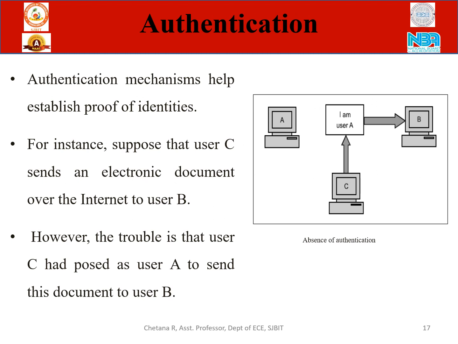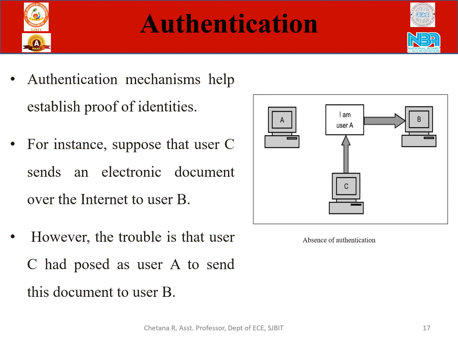Next we have authentication. Authentication mechanisms help to establish proof of identities. As I told you, A is here, B is here. A is trying to send some information to B. So the two people involved are only A and B. But C is there in between, who completely detaches A from the network, and C poses as A and sends the information to B. What will B's assumption be?